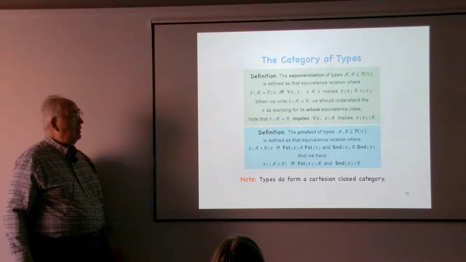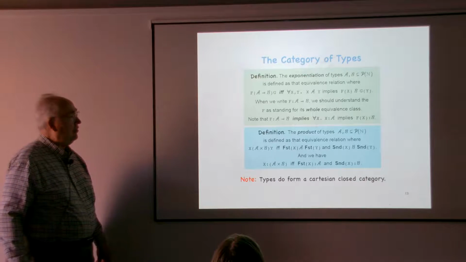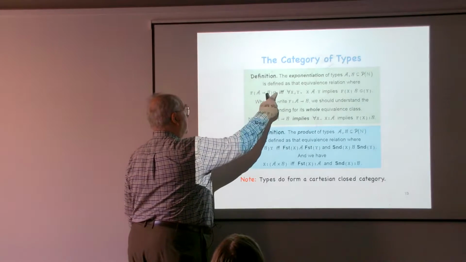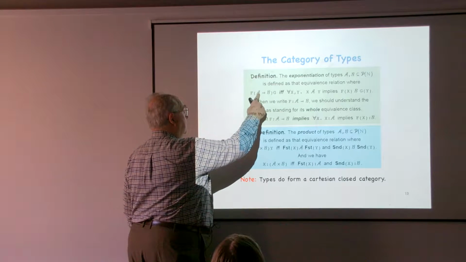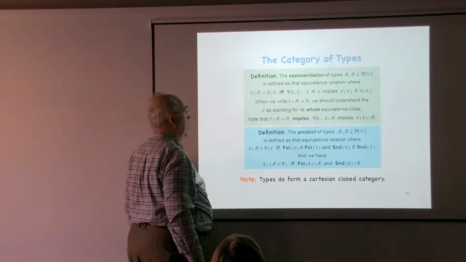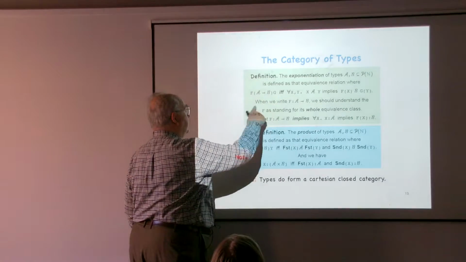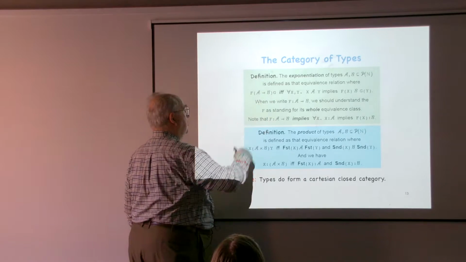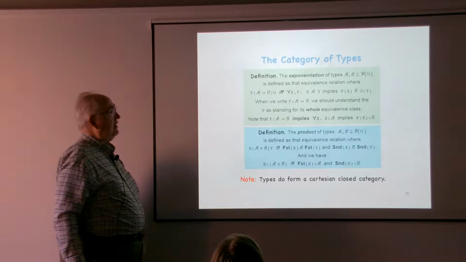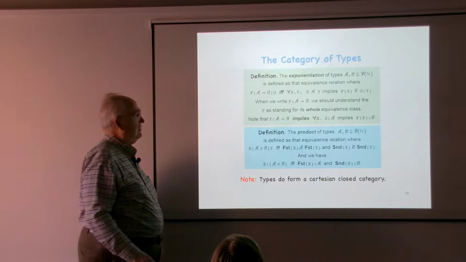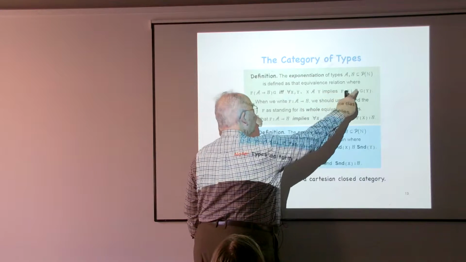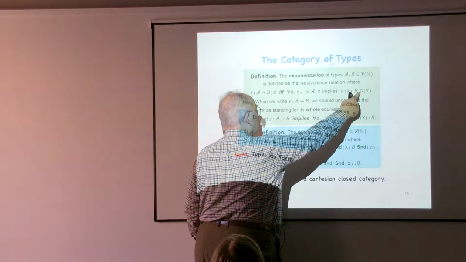And now the types form a category because we can say a mapping between two types, these are partial equivalence relations, is defined as the partial equivalence relation on maps to tell you when the two maps are doing the same thing relative to A and B. And what it means is that equivalent inputs give you equivalent outputs here.